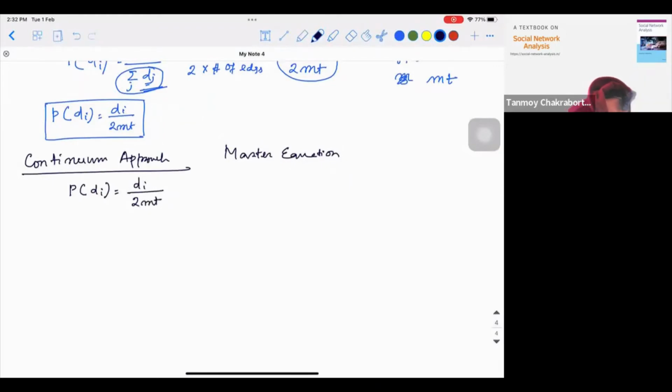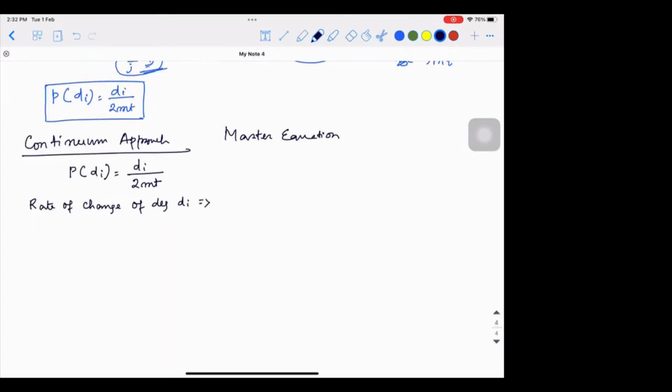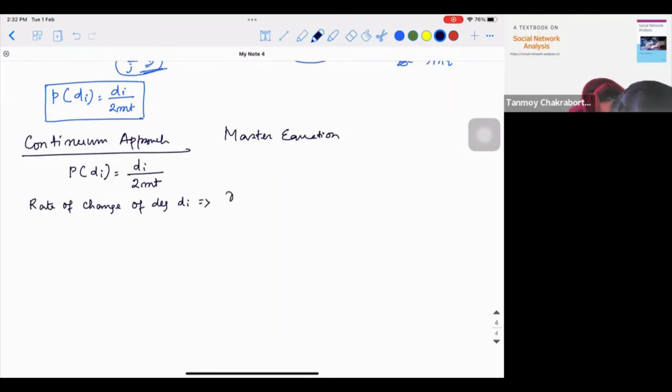Okay, so what's the rate of change of degree di? How do we measure the rate of change of degree di? Any idea? We will find the derivative of it. Very good. So we'll take the derivative, right?